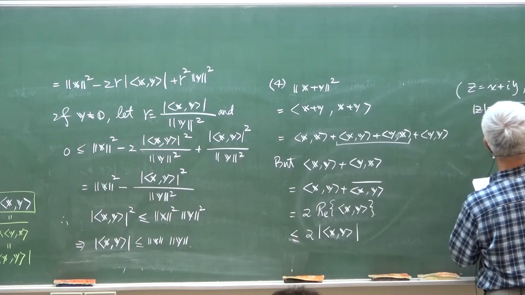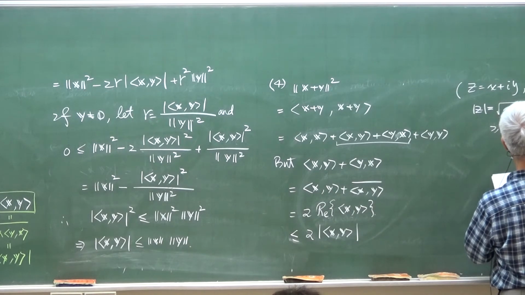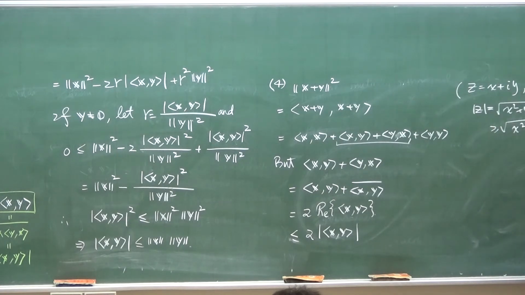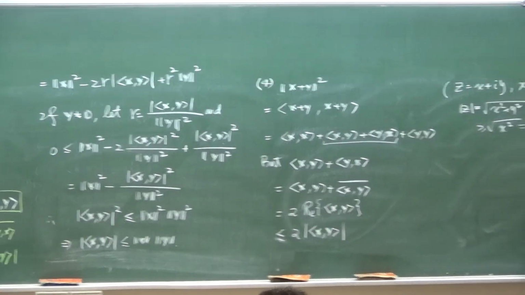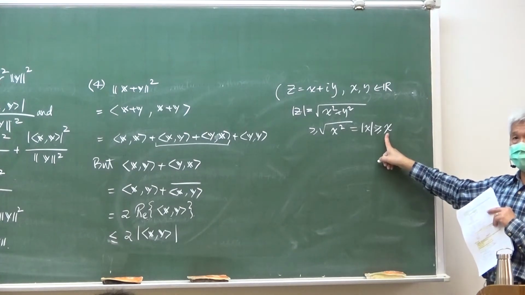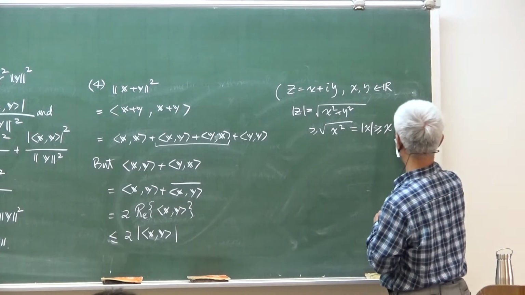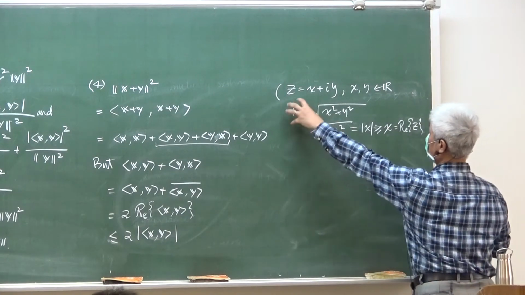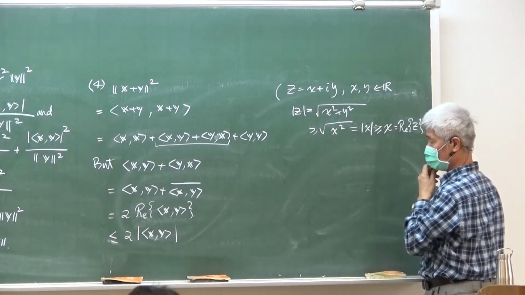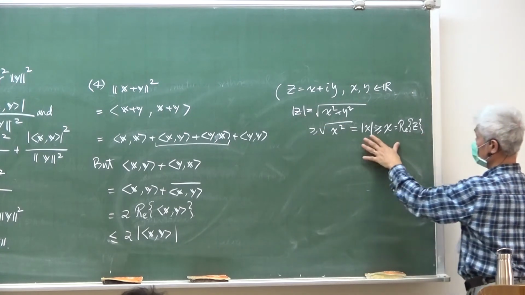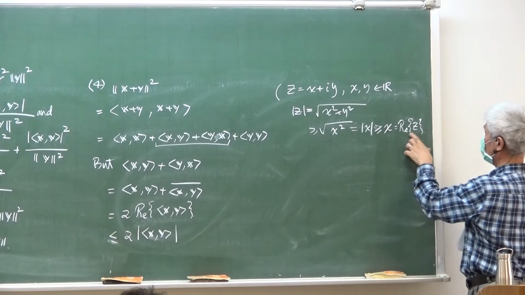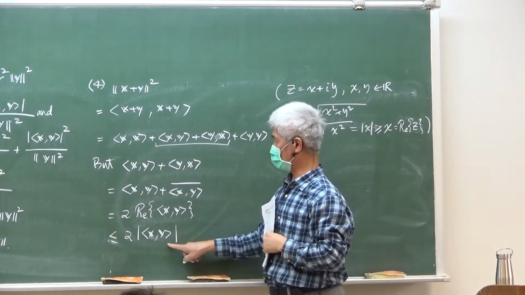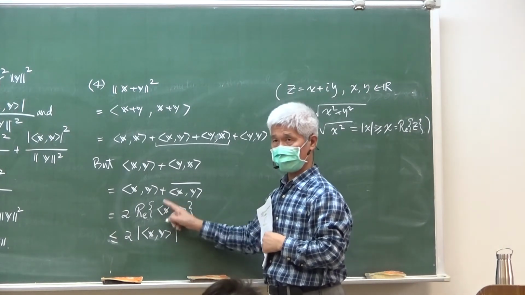All right, and that's the real part x. So that is the real part. Because the real part may be negative, the absolute value is always greater than or equal to x. And this is the real part. Okay. So you can see that the magnitude of v is a bound which is greater than or equal to the real part of v. Right. So this is the magnitude of the complex number.